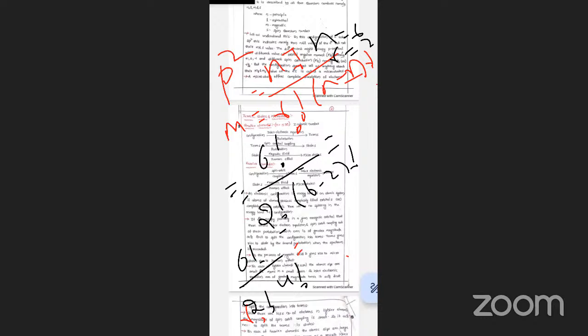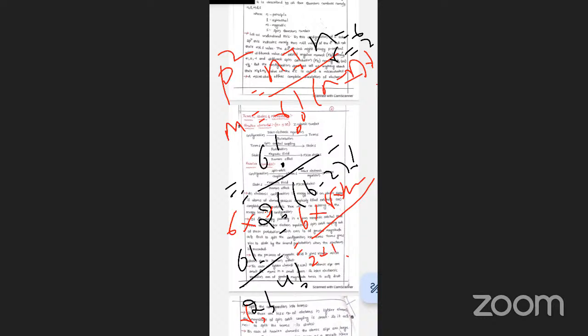What is meant by factorial? Factorial means maximum multiplied down to minimum. That means 6 factorial means 6 into 5 into 4 into 3 into 2 into 1. Then 2 factorial means 2 into 1.